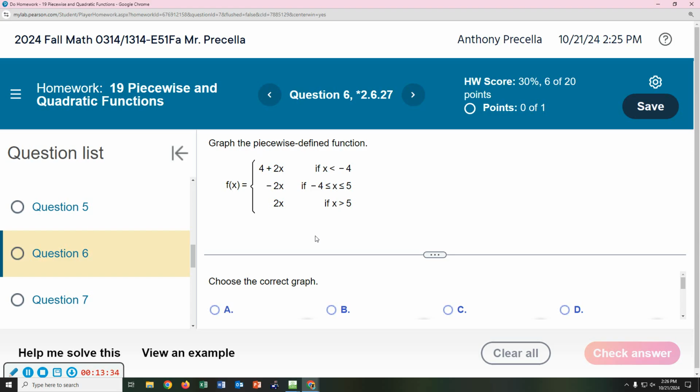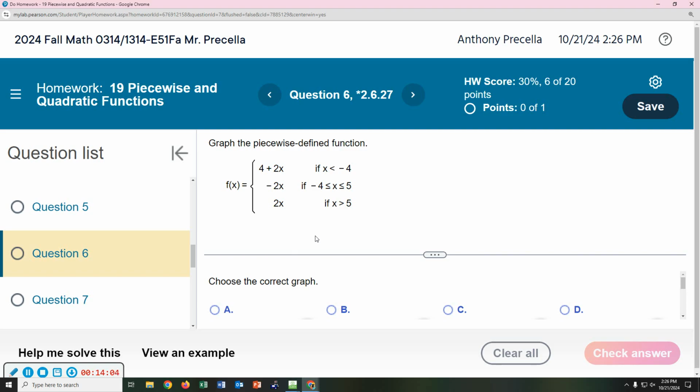This is number 6. We'll go back to earlier ones in a moment, but I like this one. It's a 3-parter. We'll use 4 plus 2x to determine the y values if x is less than negative 4.